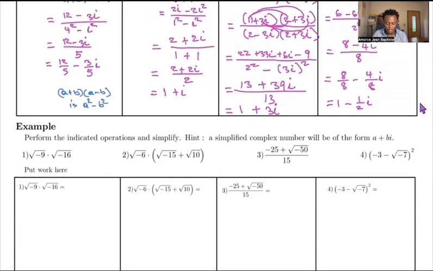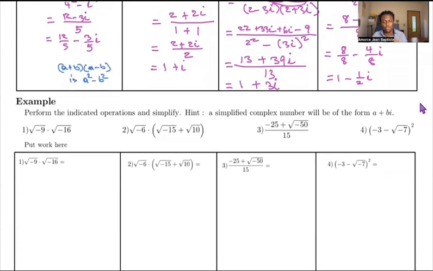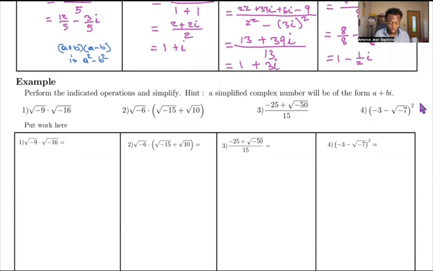Now, here are some examples. Remember, whenever you have a radical number that has a negative under the square root, this can create a complex number for you. And that's the situation that we're going to deal with. So you cannot just multiply. Here, this is going to be square root of negative 1 times square root of 9 times square root of negative 1 times square root of 16.